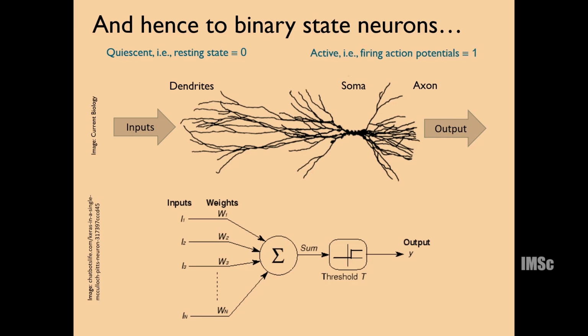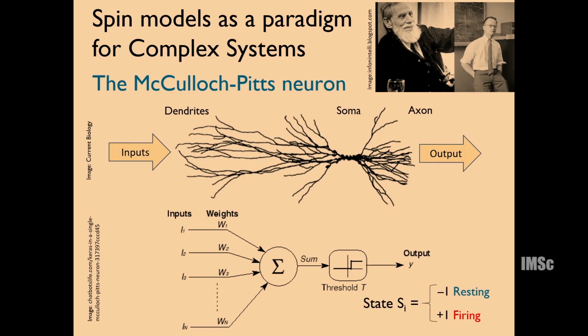So the quiescent is the resting state of 0 and the firing potential is 1, but of course you might say what does this have to do with neurons? Well, you can just say that 0 is actually -1, the spin down, and firing is +1, and then basically you have the equivalent of the McCulloch-Pitts neuron.